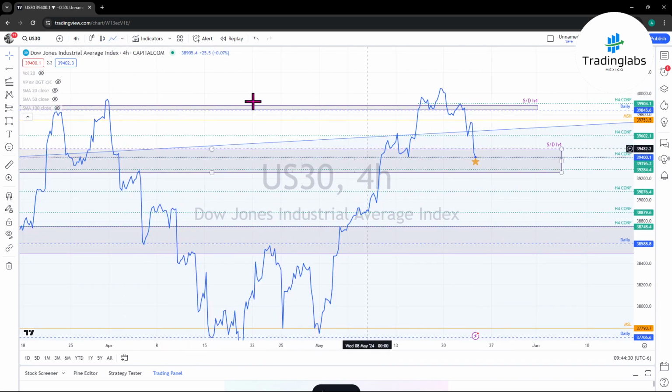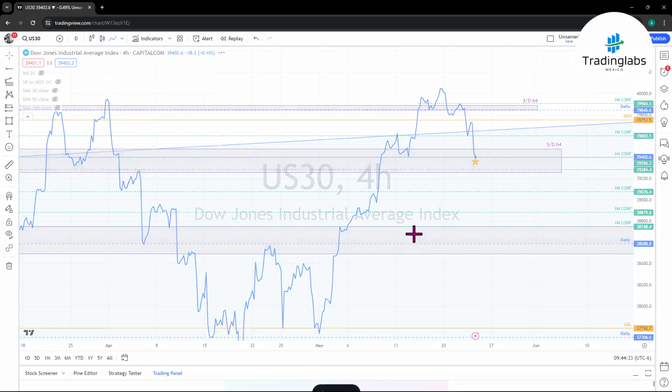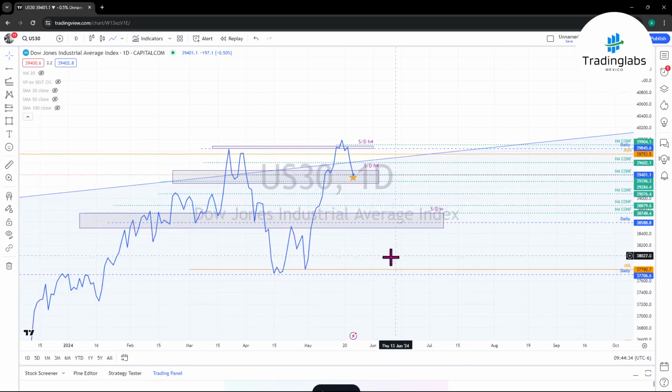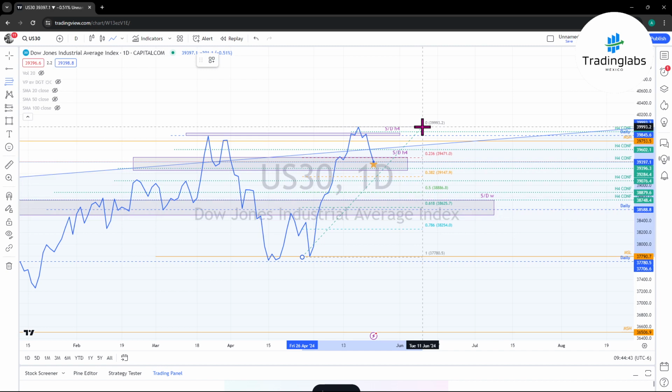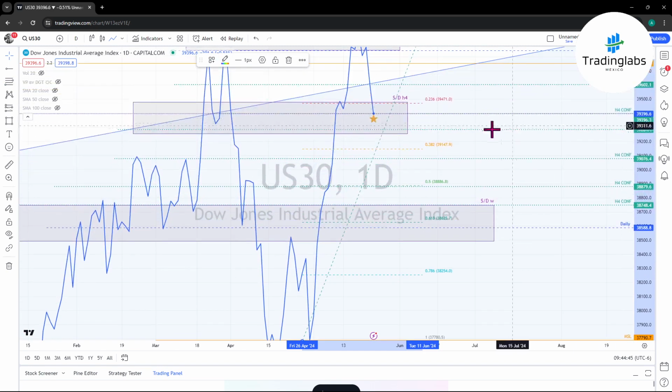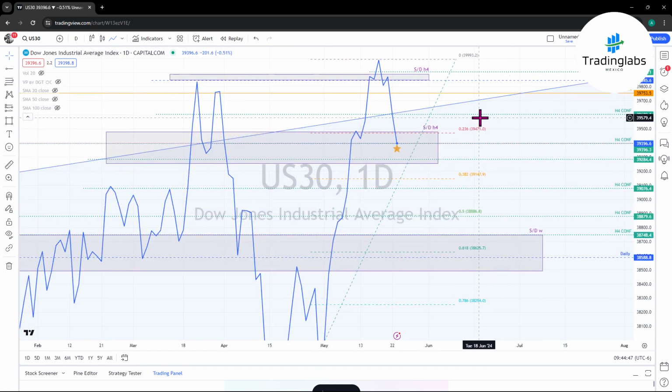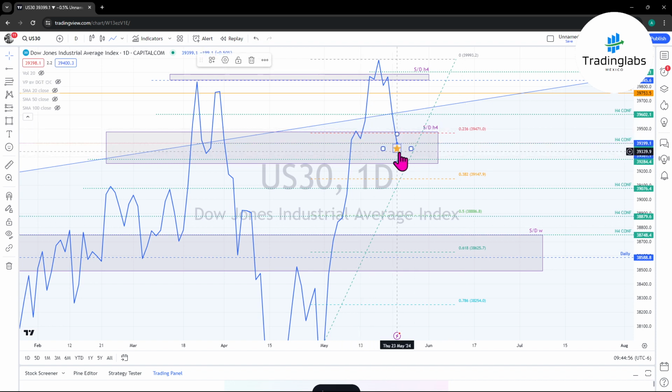So what I'm looking for is on the daily, where is our swing low, swing high, right? We know right now that we are down below this Fibonacci area. Where is the other key area to retrace?